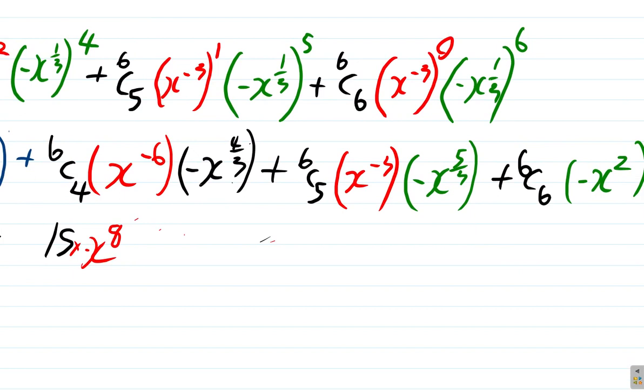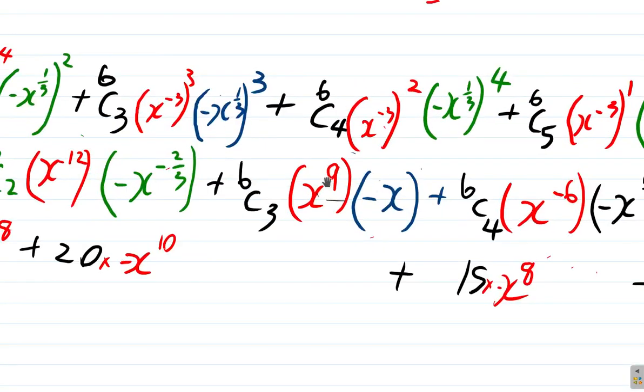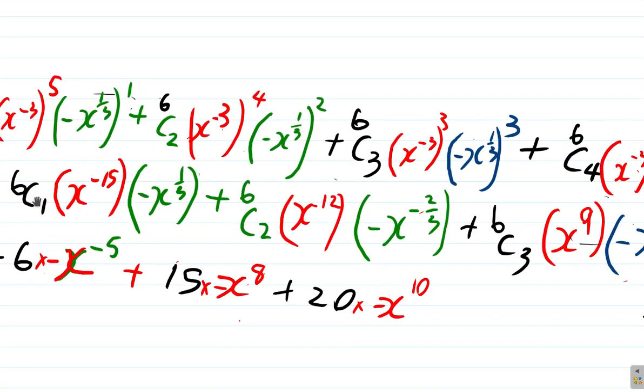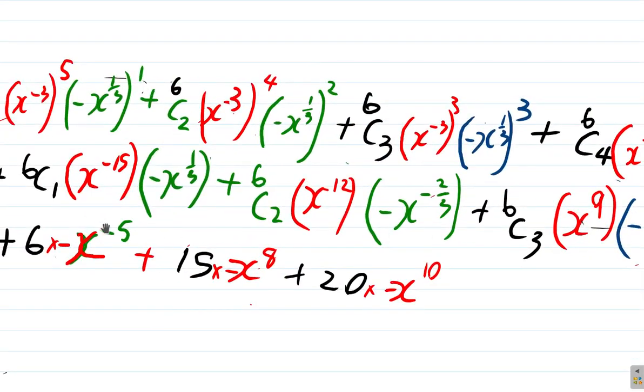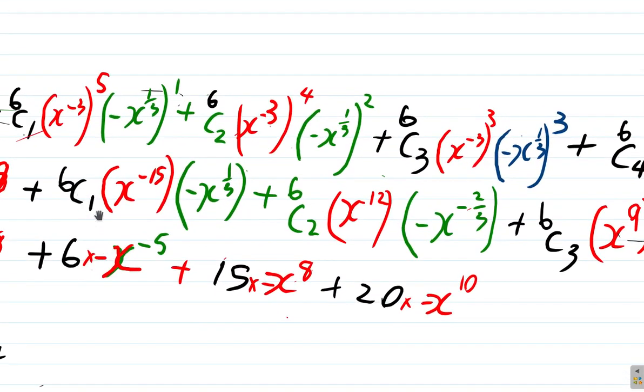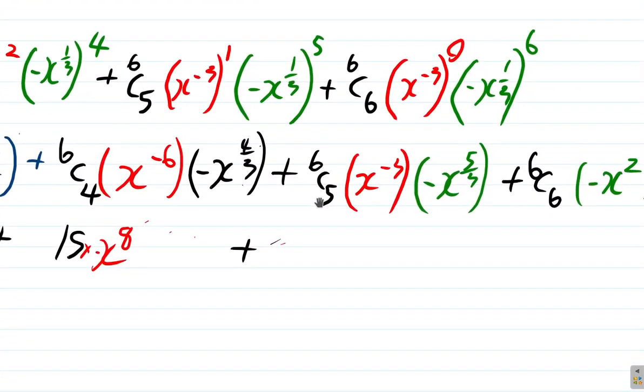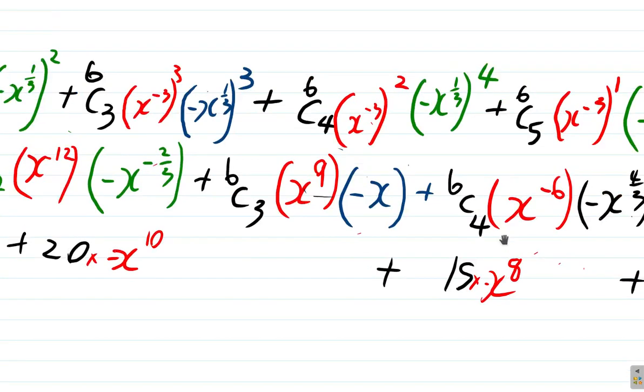Then we have plus 6C5. Now 6C5 is going to be the same as 6C1, which is 6. Because 6C1 is 6 factorial over 5 factorial, 1 factorial, and 6C5 is going to be 6 factorial over 1 factorial, 5 factorial. Right?